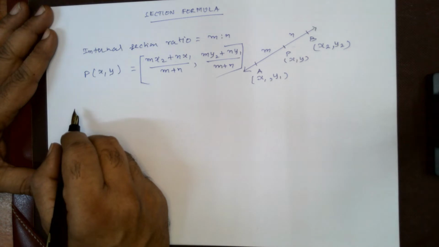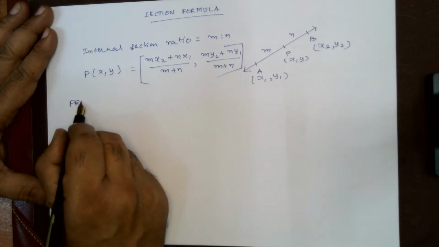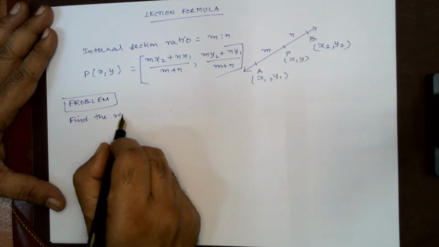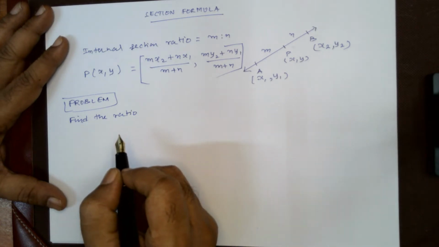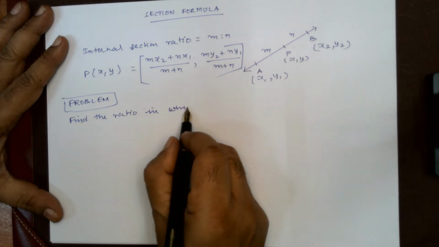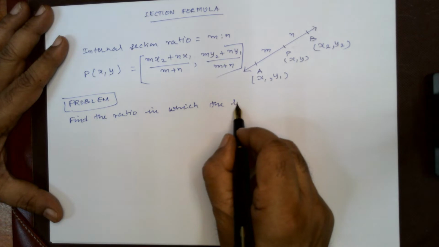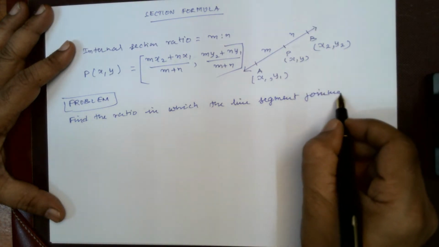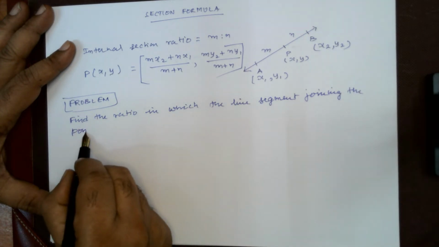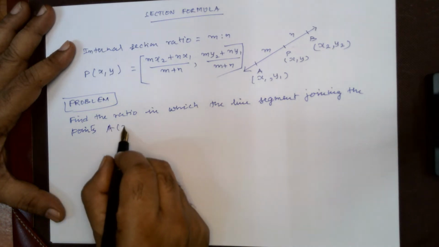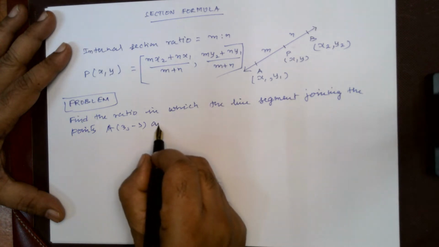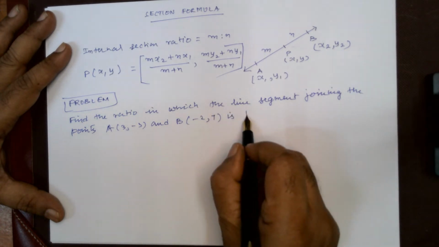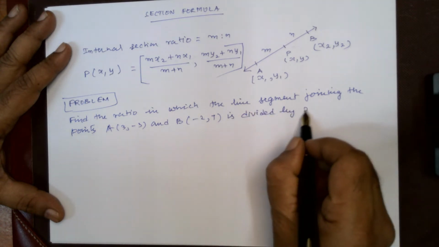Let us consider this sum. Find the ratio in which the line segment joining the points A of 3, minus 3 and B of minus 2, 7 is divided by the x-axis.